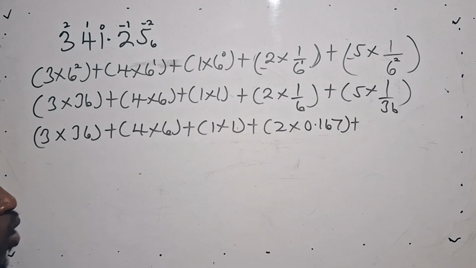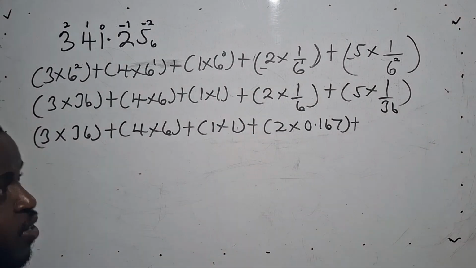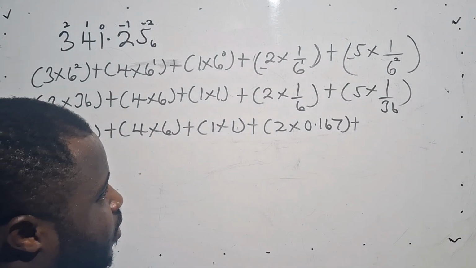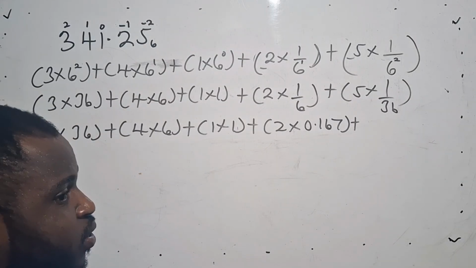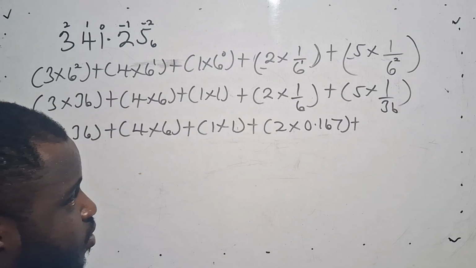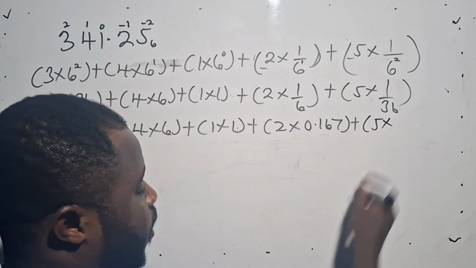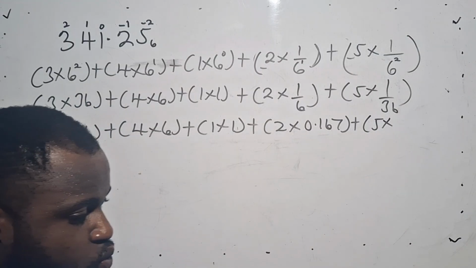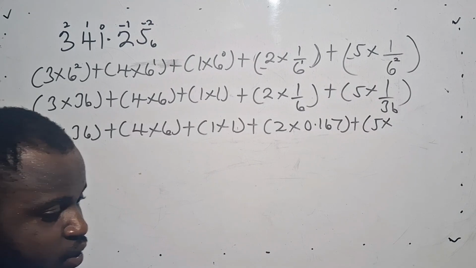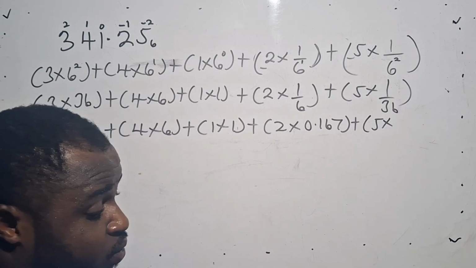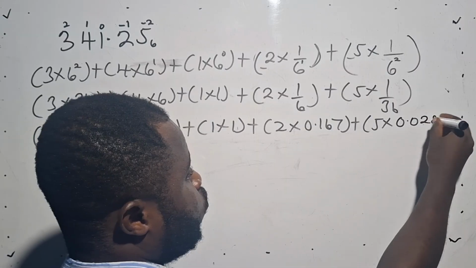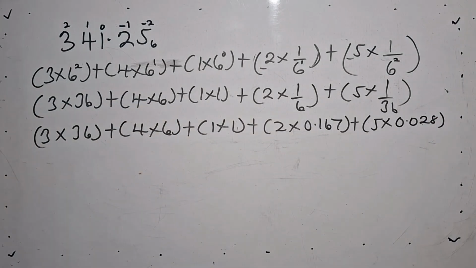With the GHS, you can use long division to do it. With the SHS, you can use the calculator, you get 0.16666, but I'm going to leave it in 3 decimal places, 0.167. Then 5 times 1 divided by 36. When you change it, you are going to get 0.02777. So I'm going to write 0.028, in 3 decimal places, rounded.